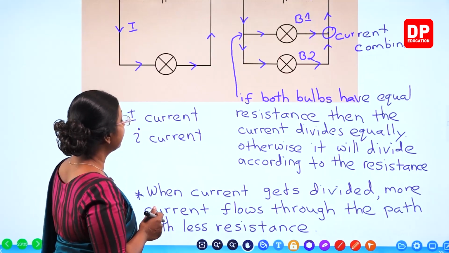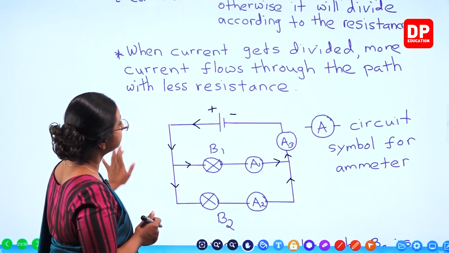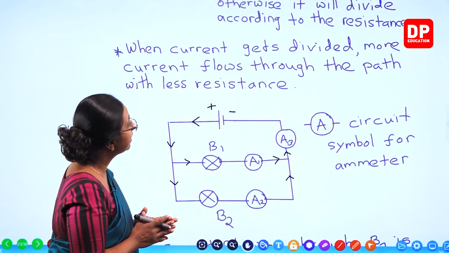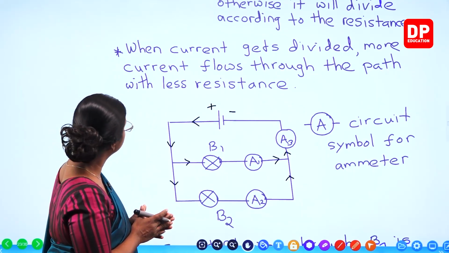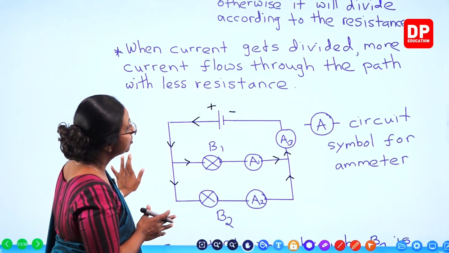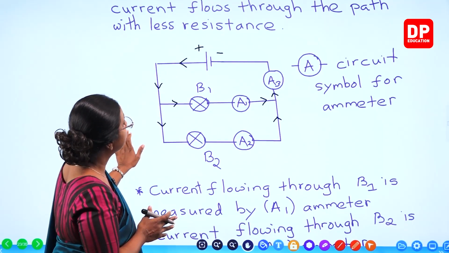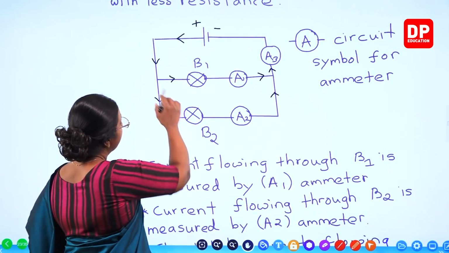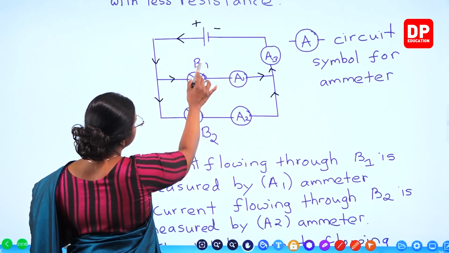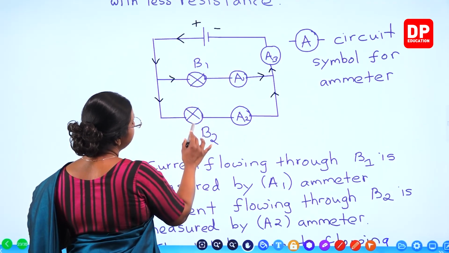So if we have a circuit like that, you can see when current gets divided, more current flows through the path with less resistance. So again, you have a circuit where the current divides, B1, B2, bulb 1, bulb 2.